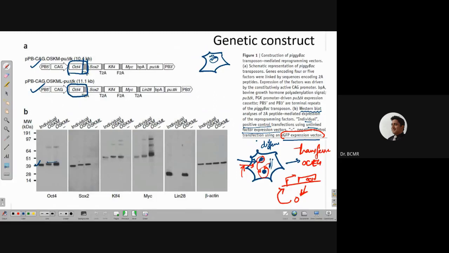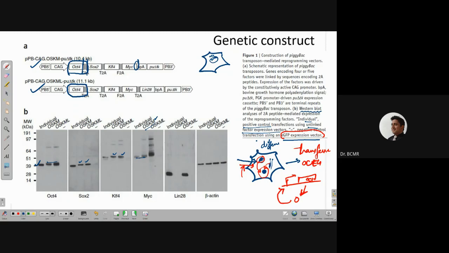SOX2 is also similar here. It has a burden, I mean, a little bit of peptide. That's why it travels slower. You can also identify the same thing in KLF4. In OKSM, CMYC is the last gene that is added. In CMYC, it doesn't have any addition of self-cleaving peptide. So these two are traveling almost the same.